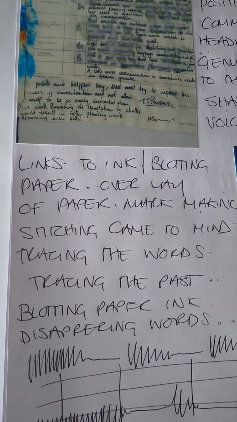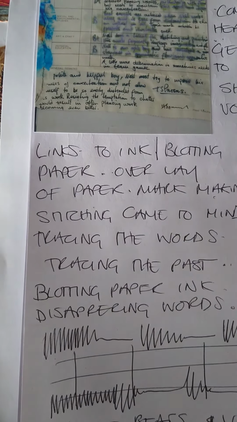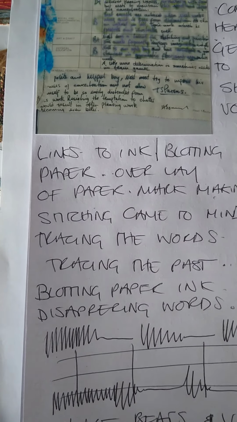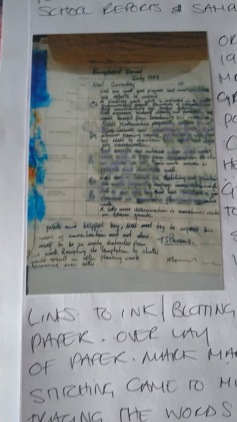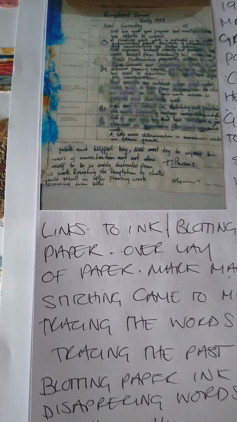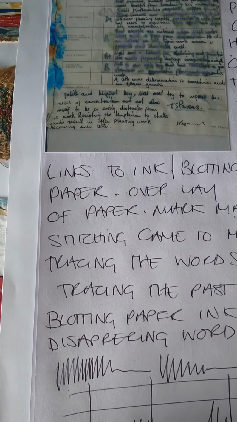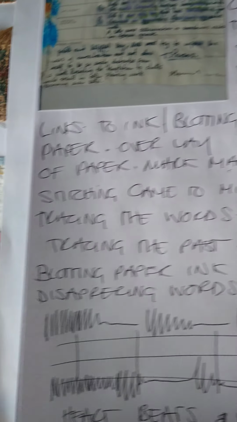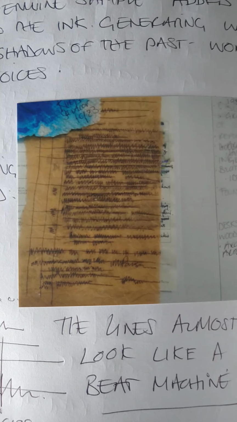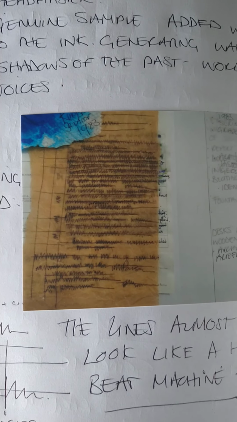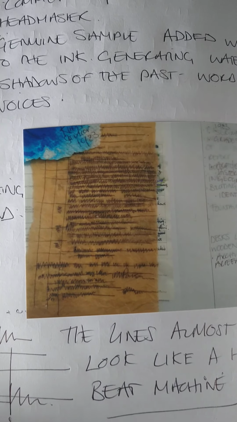So this has then led on to making links and ideas, and the ink resonated, sort of smudges, and this is why I added water to the ink pen writing. And this all happened sort of naturally. It then related to things like blotting paper, and then overlaying and doing some simple drawing, tracing the school report, which kind of resonates that we use a lot of tracing paper at school.